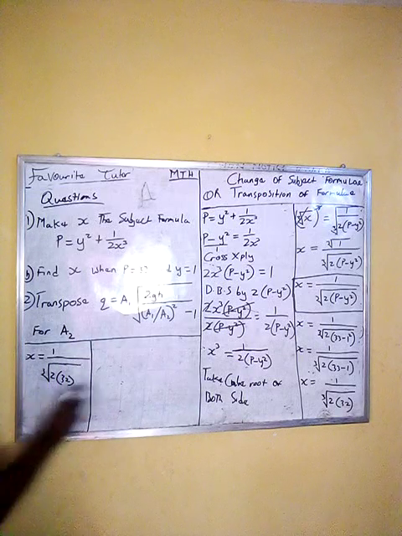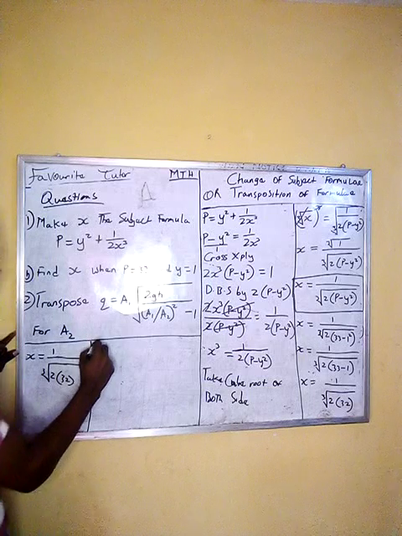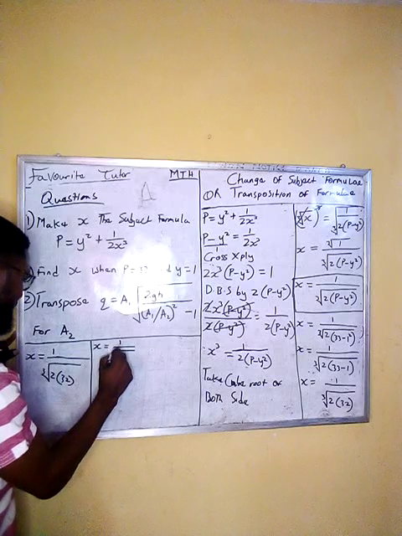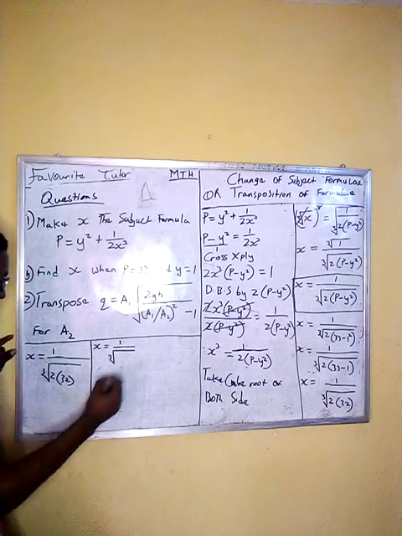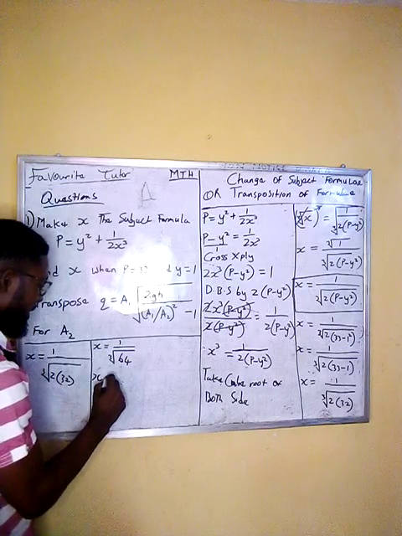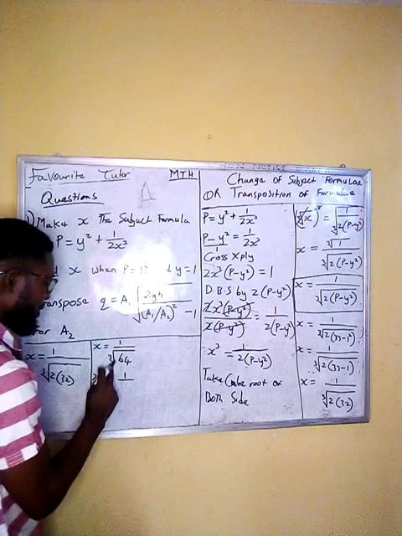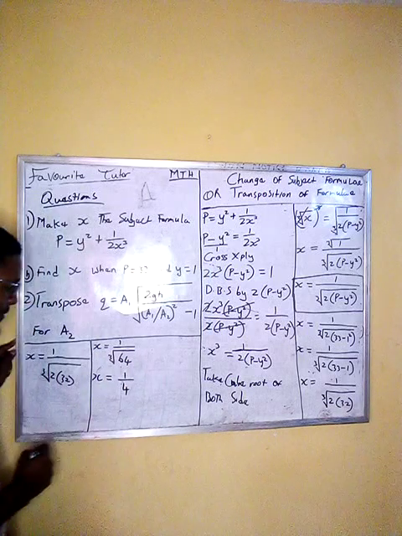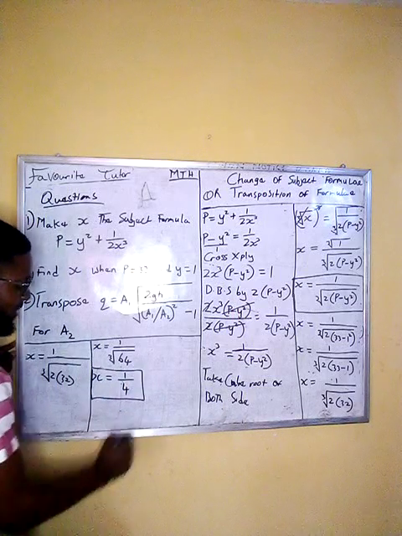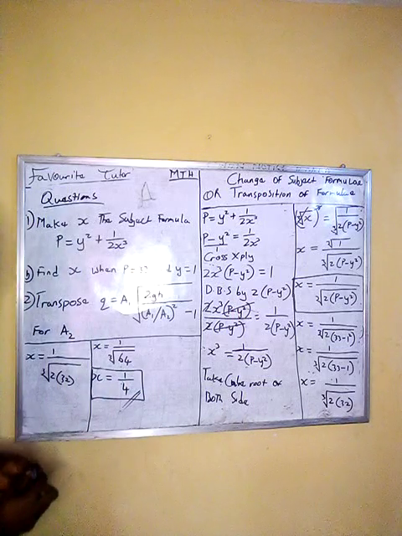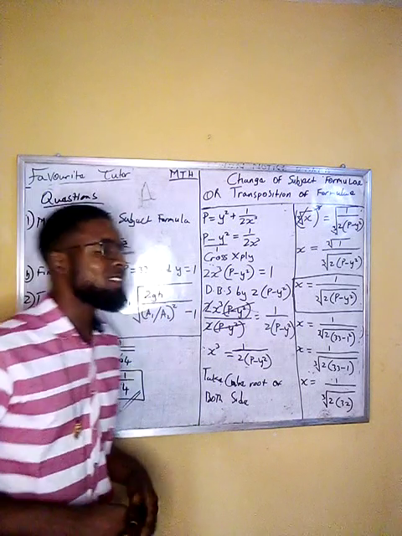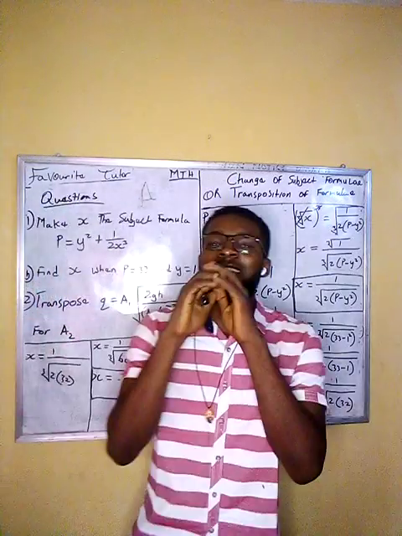So x equals 1 all over the cube root of 2 times 32, which is 64. So x equals 1 all over the cube root of 64, which is 4. So this is the answer to the question: x is equal to 1 over 4 when P is 33 and y is equal to 1.